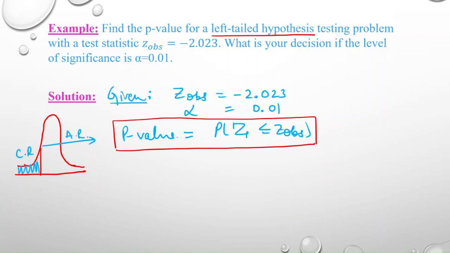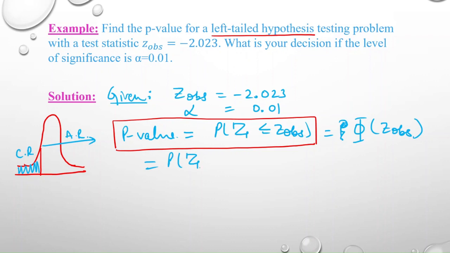If we are finding it using phi hat, it is nothing but phi hat of Z observed, because Z is less than or equal to Z observed only.